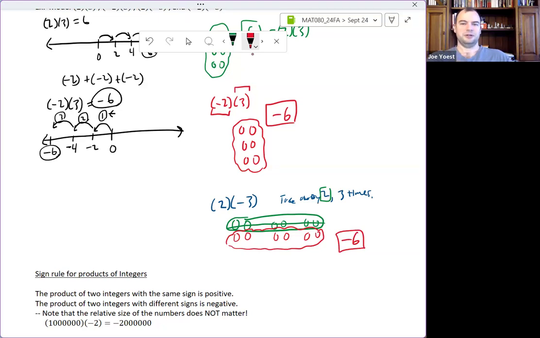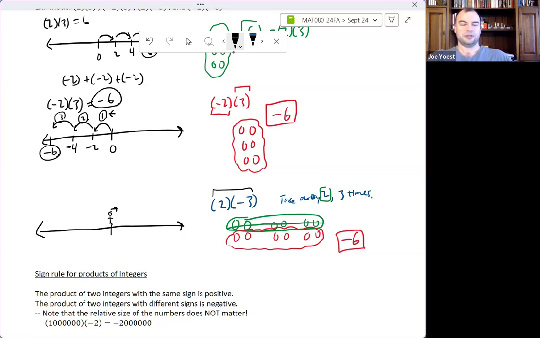So I actually see that if I do negative 2 times 3, I get negative 6, but also 2 times negative 3 also gives me negative 6. So what is this kind of saying over here? It's kind of saying I want to take away, I want to walk backwards in the positive direction while I'm facing the positive direction.